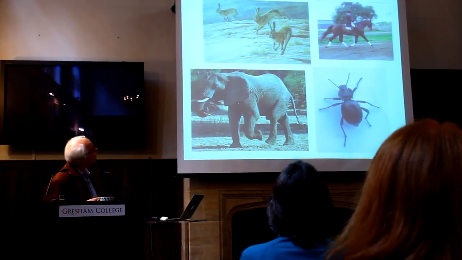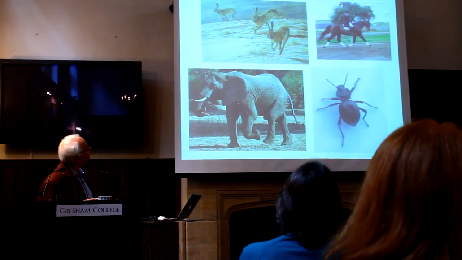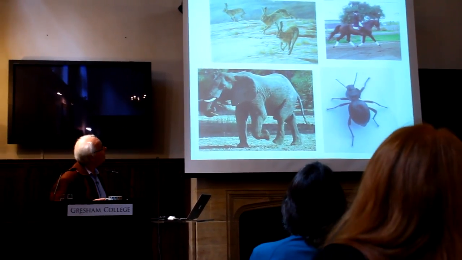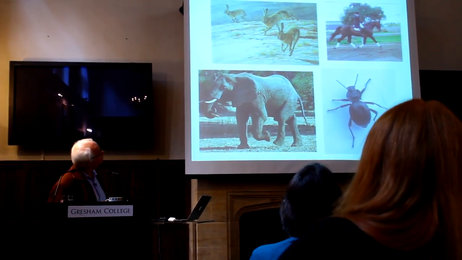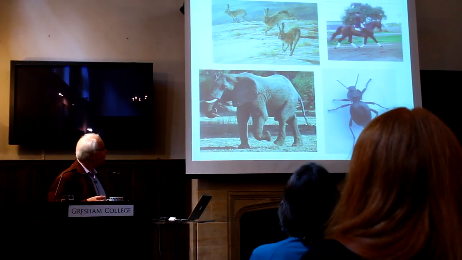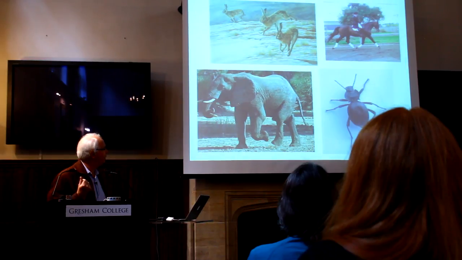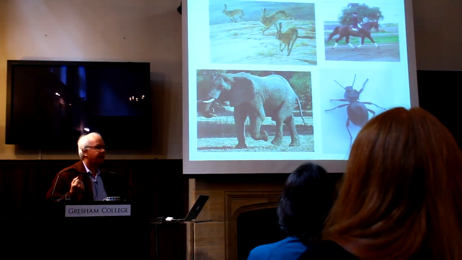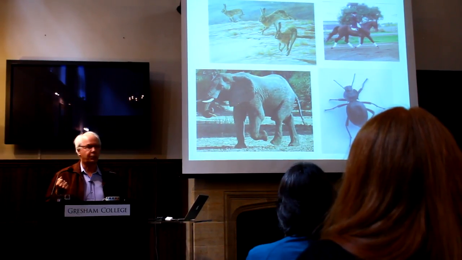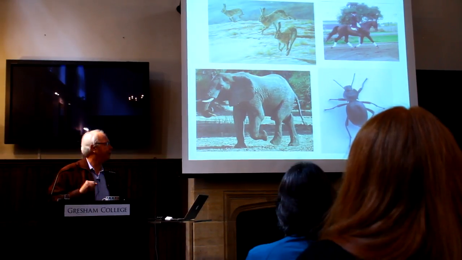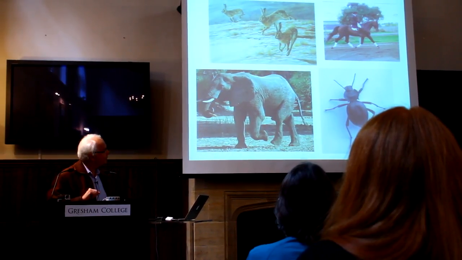Now we've got a rabbit. The rabbit was a hare, actually. The hare is bounding. The horse there is trotting. The elephant is walking. And I can be pretty certain about that because essentially there's only one pattern that elephants move with. That's not quite right, but it's close. And the insect has 6 legs.